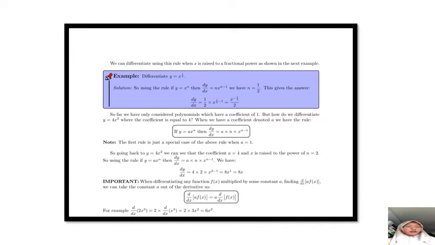For example, d over dx of 2x power of 3. The 2 we multiply with d over dx of x power of 3. So we will get 2 times 3x power of 2, which is the answer 6x power of 2.